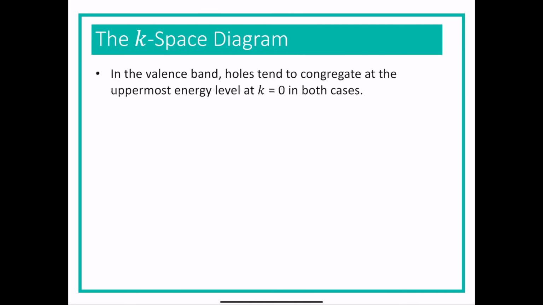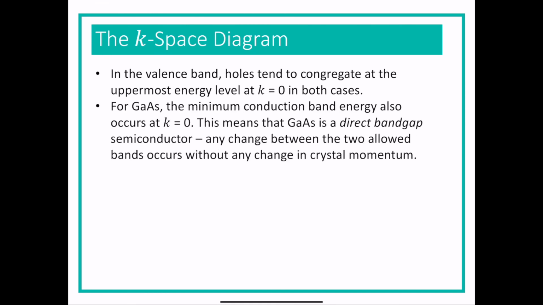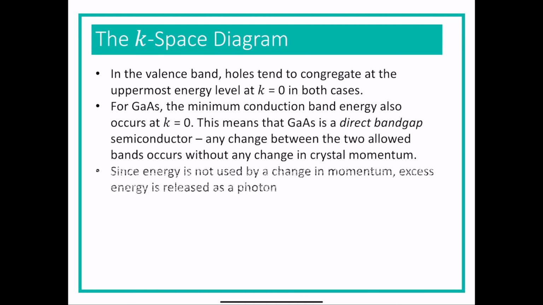Well, basically, this is what happens. It always happens that I end up with slides that say what I just said. So there we go. The excess energy is released in gallium arsenide as a photon.